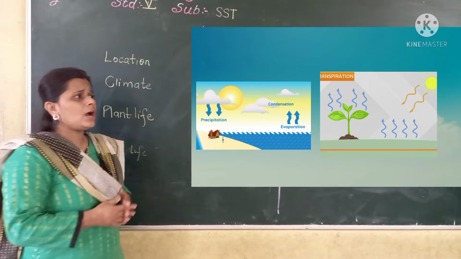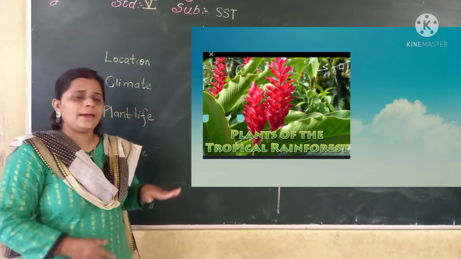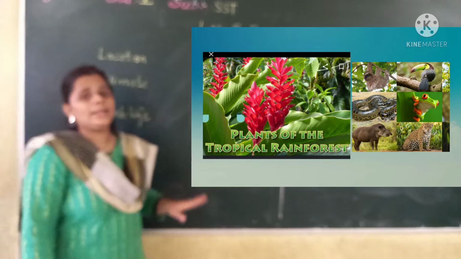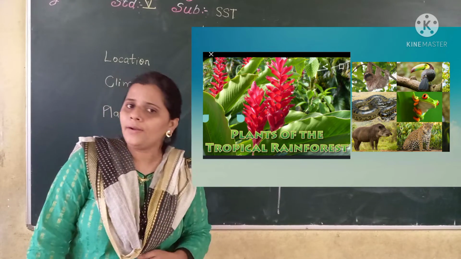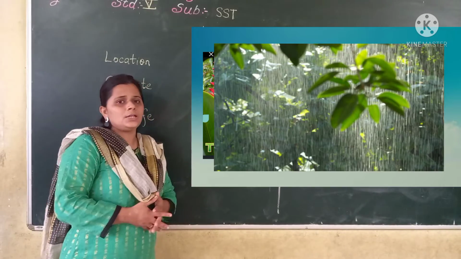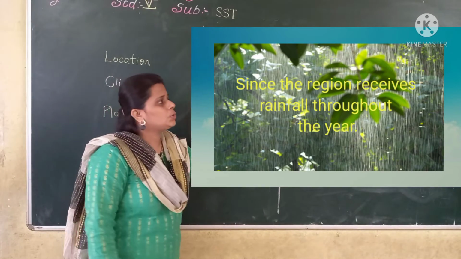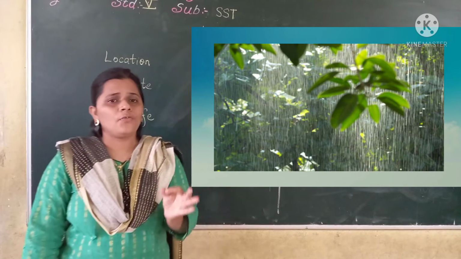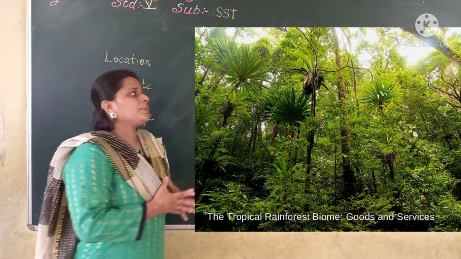Now students, let's start with a new concept, plant life and wildlife. Today we are going to discuss plant life and wildlife. Since the region receives rainfall throughout the year, there is healthy growth of natural vegetation. Students, do you hear?